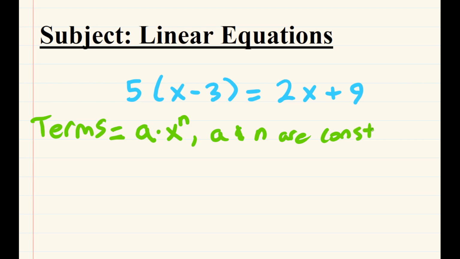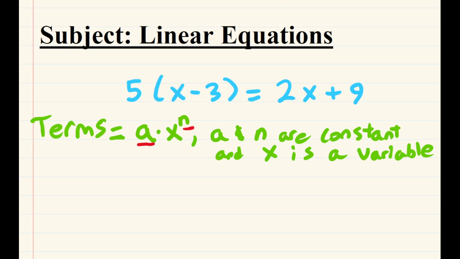They're constant numbers, so they can be any number at all. And x is a variable. So again, a and n are numbers, and x is a variable. So this entire thing, a times x to the n, is one term, and that's really important.